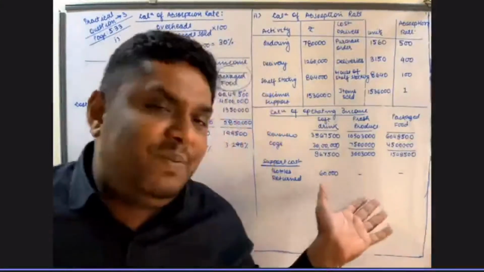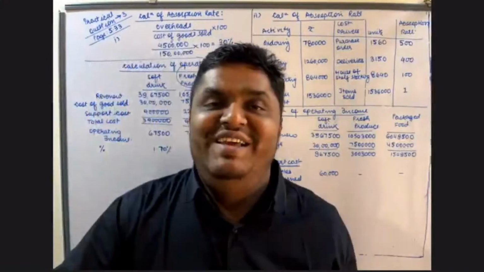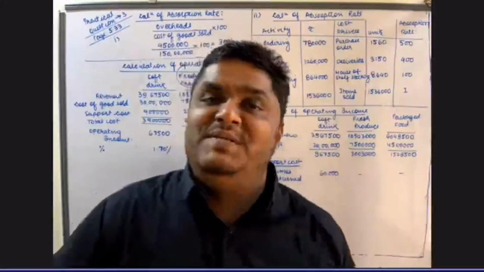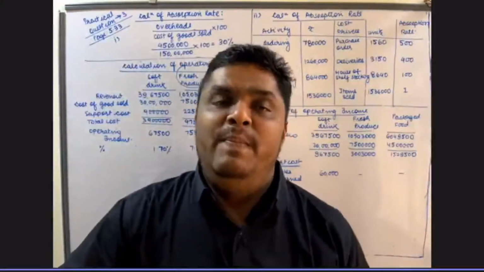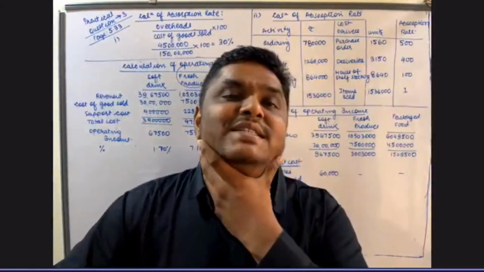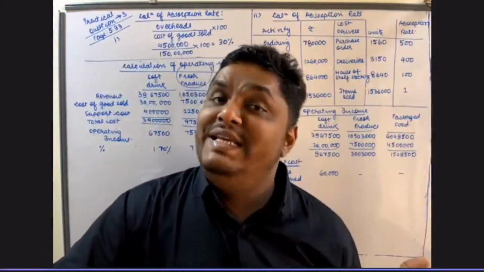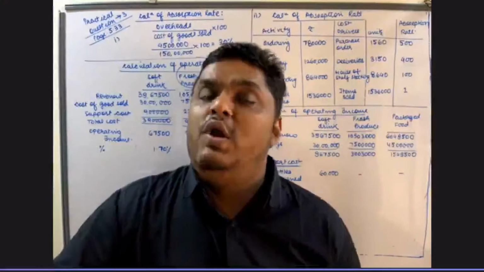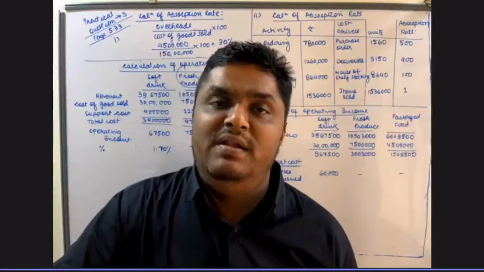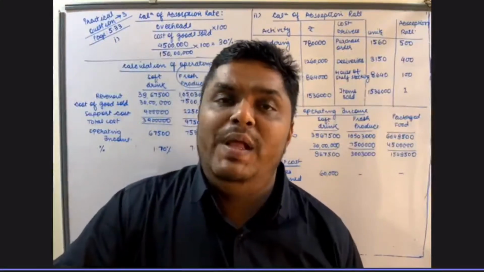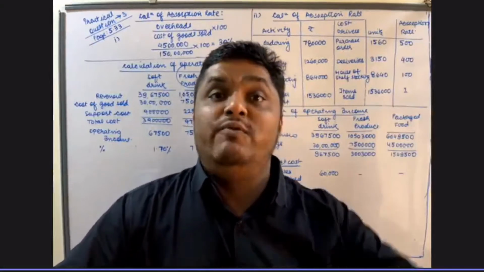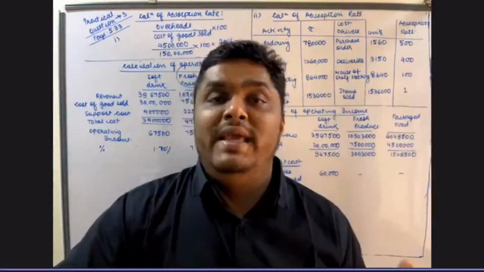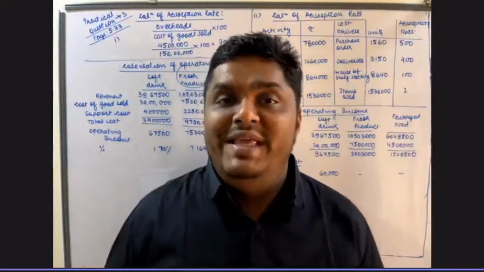I request you guys to please complete the solution, because the steps are the same and the process is the same. Now guys, this chapter is the easiest chapter of the syllabus. The weightage of this chapter is 8 to 12 marks. The questions are lengthy, but the questions are very easy.